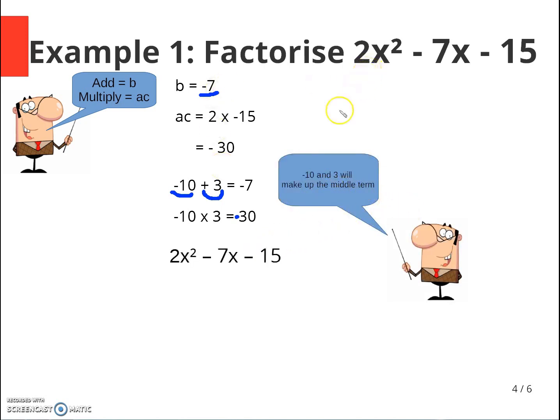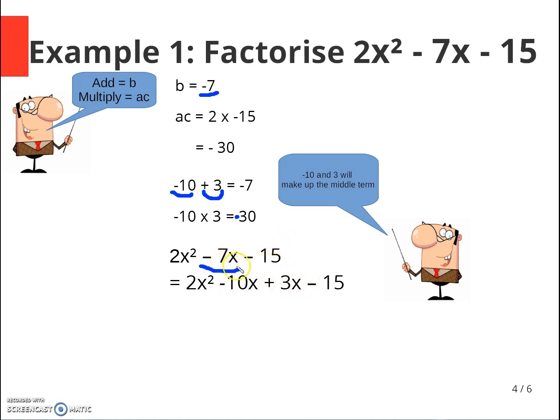So bring down 2x squared, take away 7x minus 15. We're going to replace the minus 7x with these two terms, negative 10x and positive 3x. So now we have 2x squared, take away 10x plus 3x minus 15.